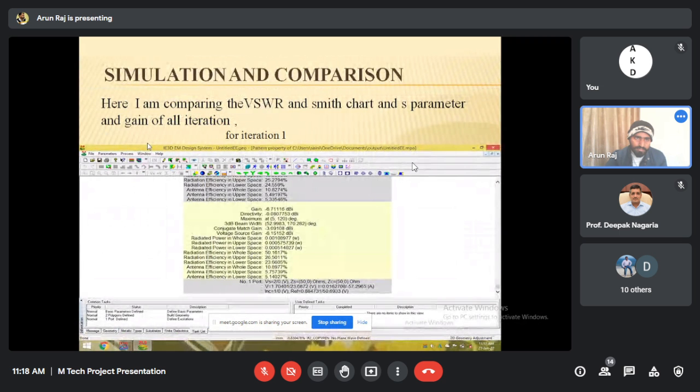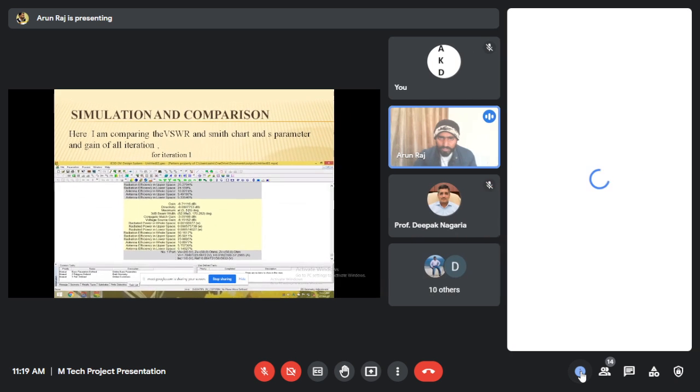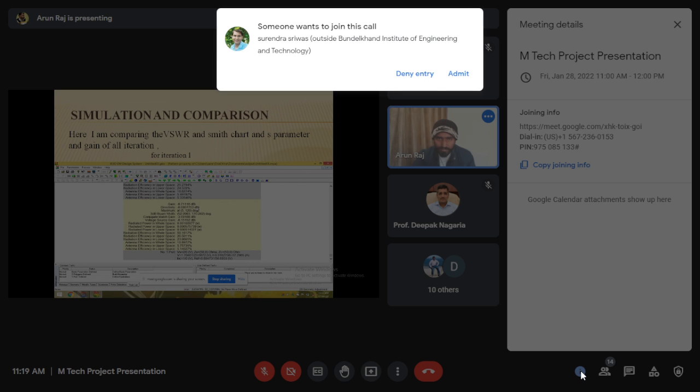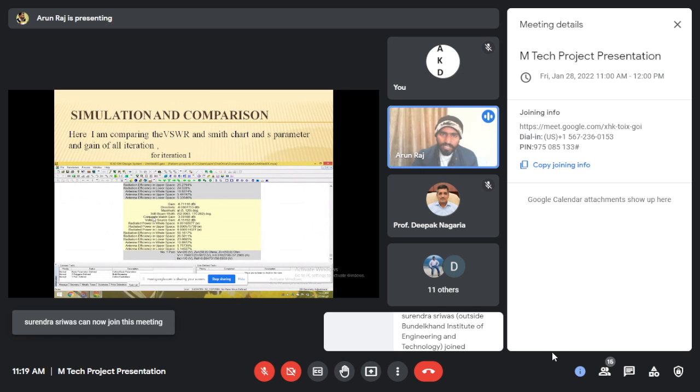Here I am comparing the VSWR, Smith chart, S parameter and gain of all iterations. At different frequency points I got gain, directivity, maximum conjugate match gain, voltage source gain, and pattern calculation. I get gain of minus 6.7711 dB, directivity of minus 0.080773 dB for each plane.